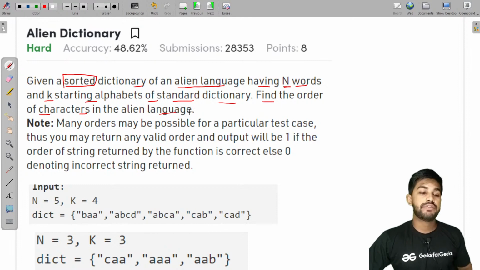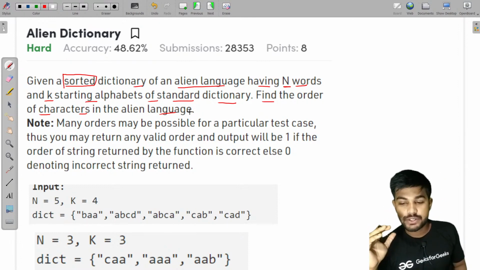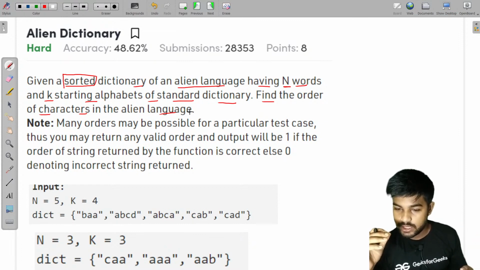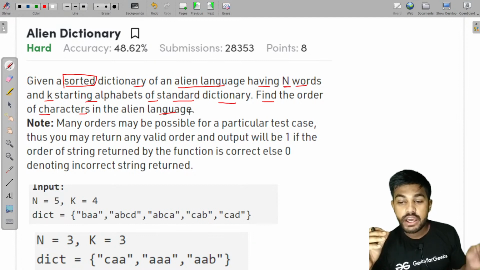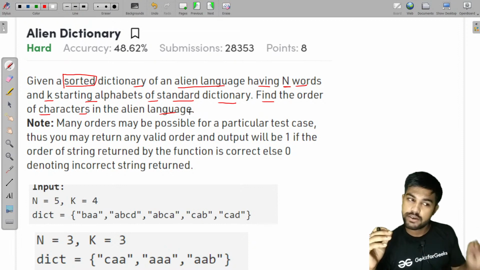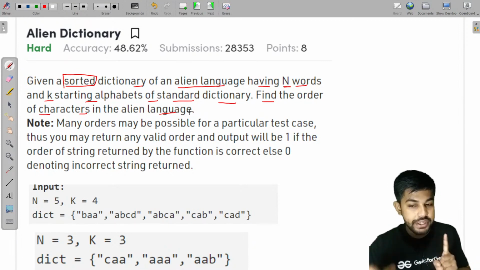So what it is trying to tell us is that it would give you a dictionary, but the language of the dictionary is different from the language of ours. Okay, good to go. But there is one more catch in this.